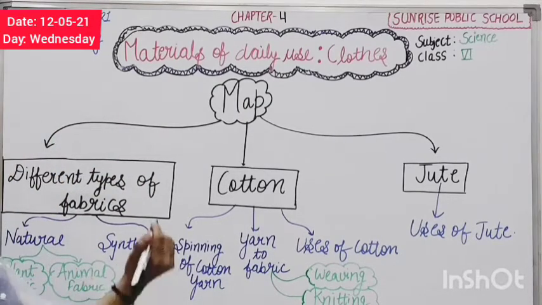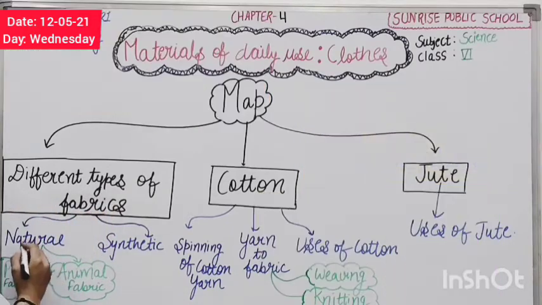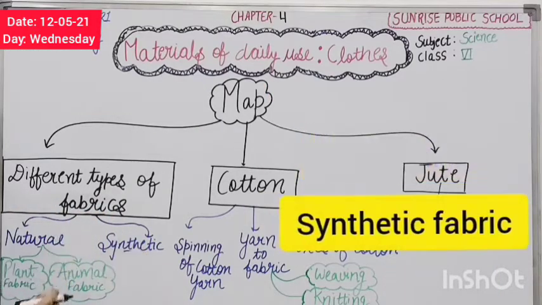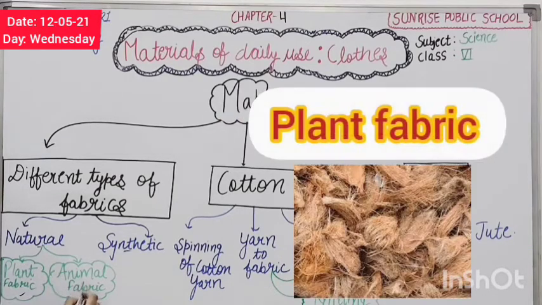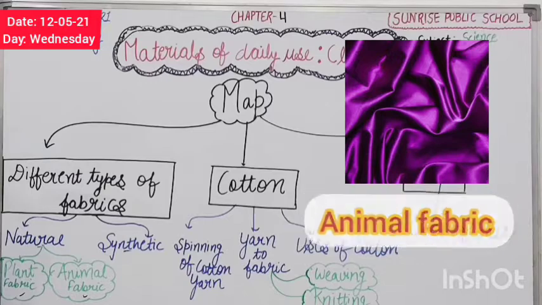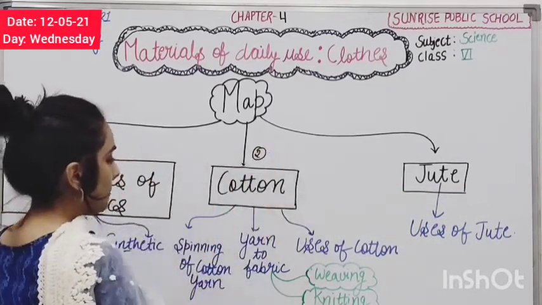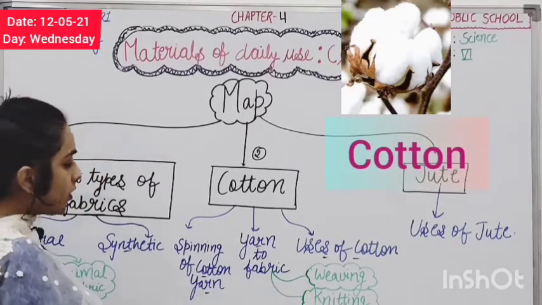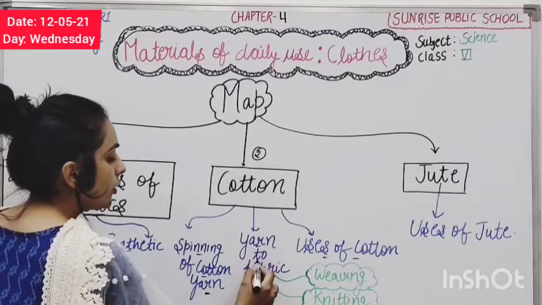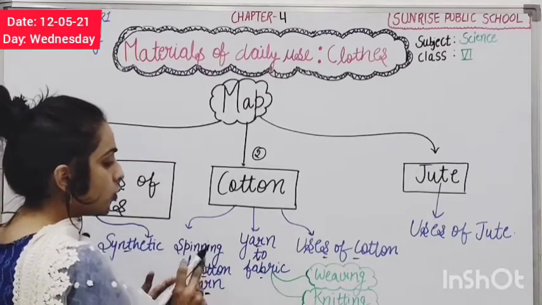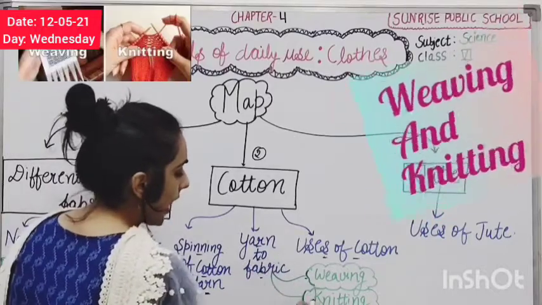So first is different types of fabrics. The sources can be natural or synthetic. Natural can be of 2 types, that is plant fabric and animal fabric. The second thing which we will study in this chapter is cotton. We are going to study the spinning of cotton yarn and yarn to fabric, and there are 2 techniques by which fabric is made from yarn, that is weaving and knitting.